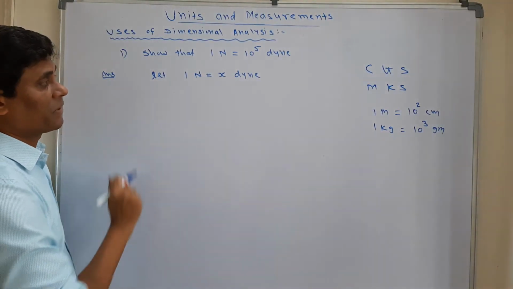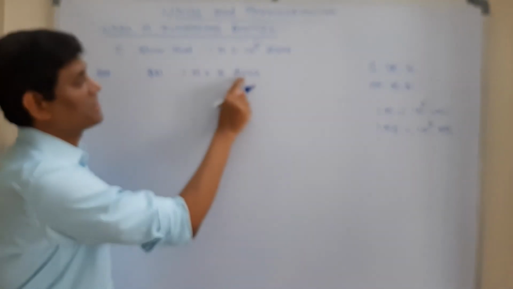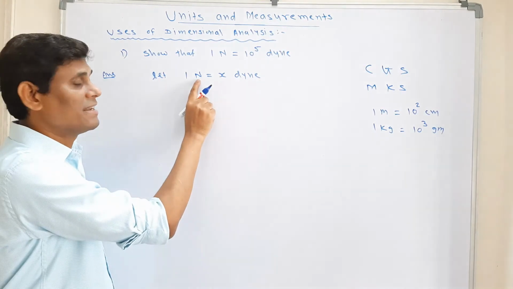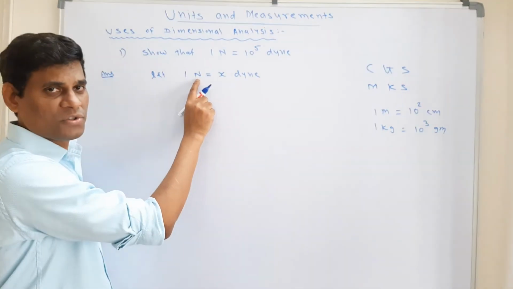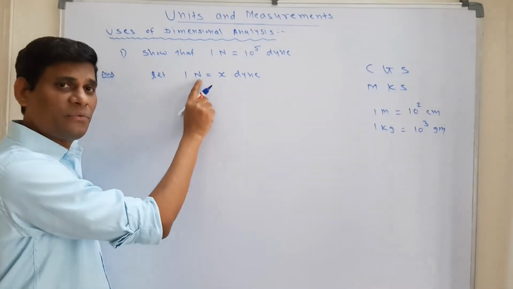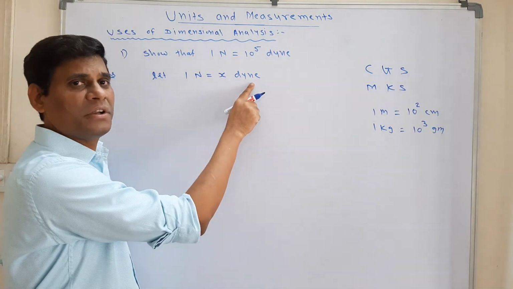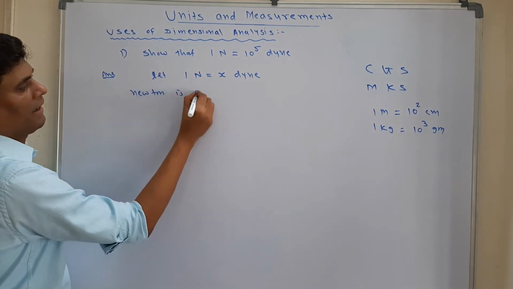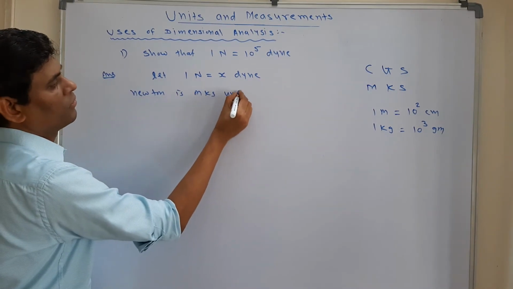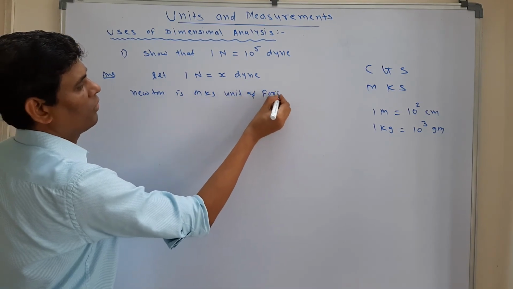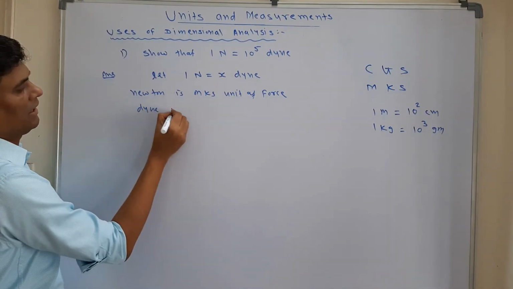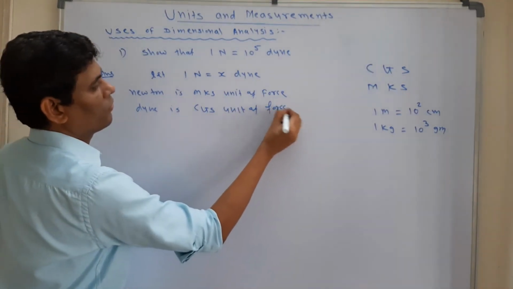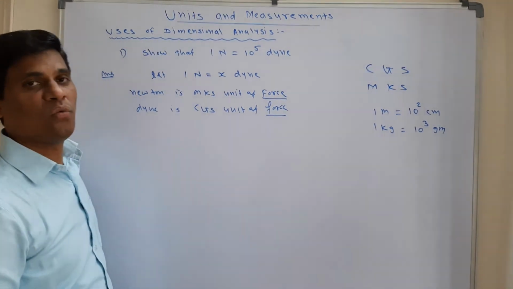For this, the first step, you must know which physical quantity this is. Newton. Newton is a unit of force. That means the physical quantity is called force. And Newton is an MKS unit of force and dyne is a CGS unit of force. So we can say Newton is the MKS unit of force and dyne is the CGS unit of force, meaning the physical quantity called force.